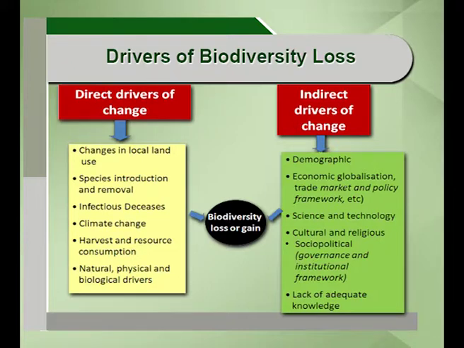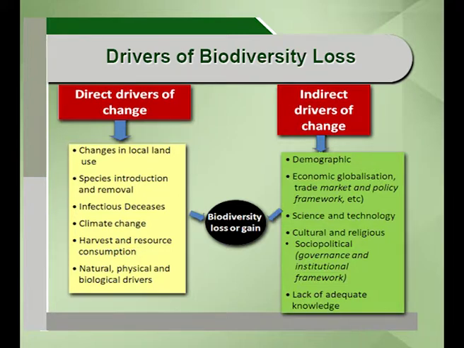What is a driver? A driver is any natural or human-induced factor which directly or indirectly causes change. The driver of biodiversity change is any indirect or direct cause of change in an ecosystem or biodiversity. There are two types of drivers of biodiversity change: direct drivers and indirect drivers.